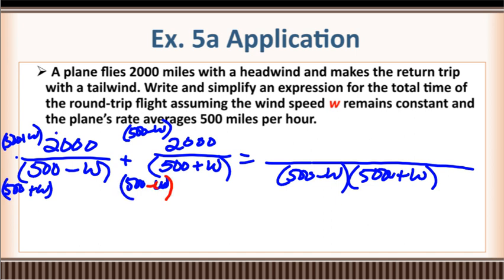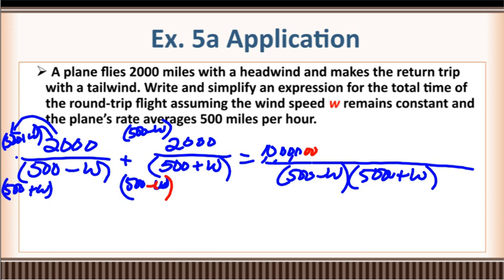So when I distribute, I have 2,000 times 500. 2 times 5 would be 10, and I got 5 zeros, so this would be 1 million.